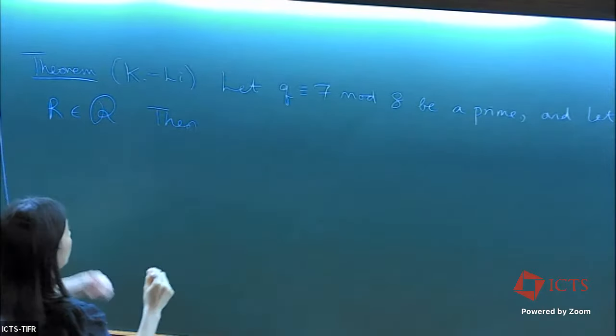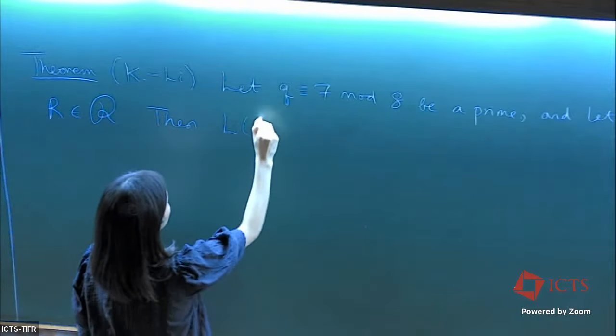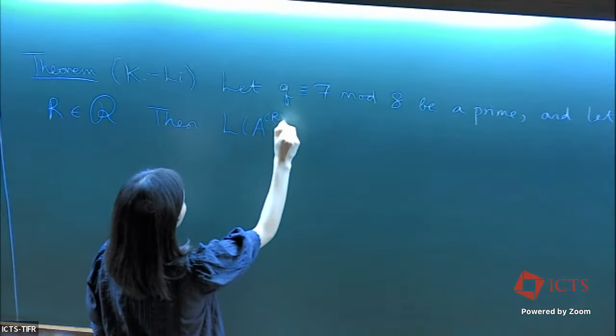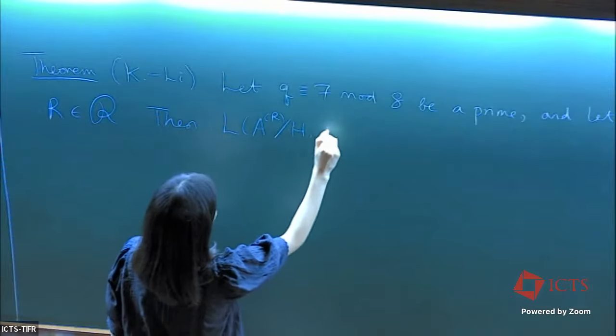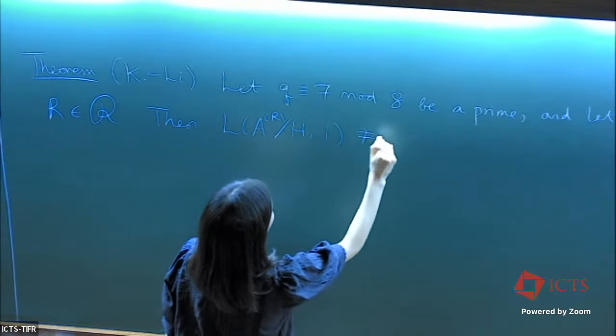Then the L series for this twisted curve does not vanish at s equals 1.